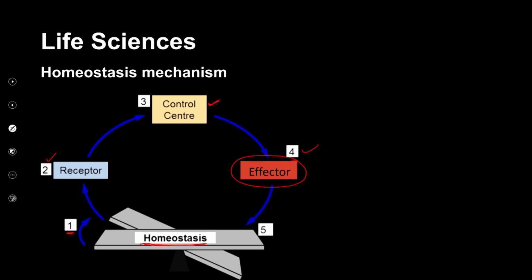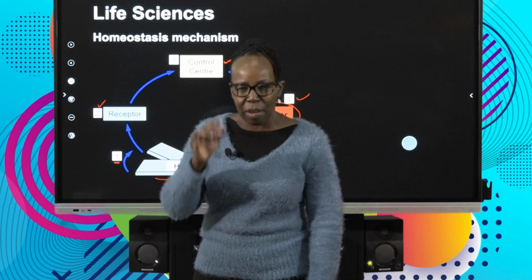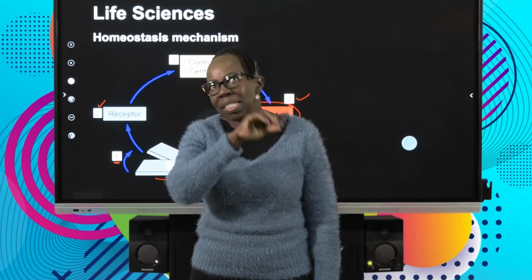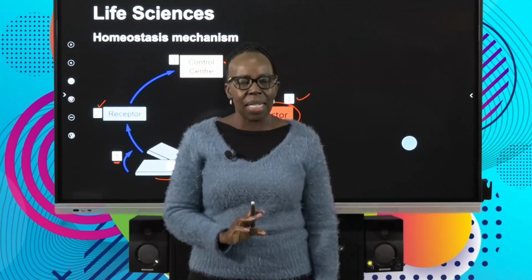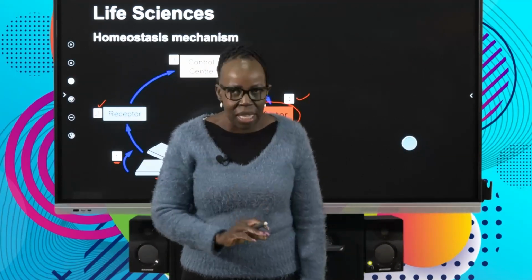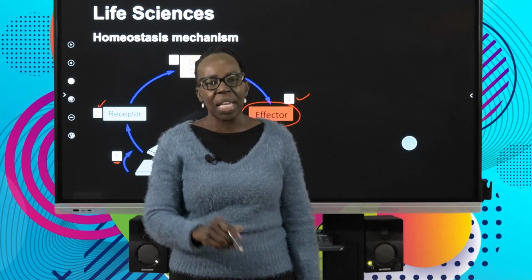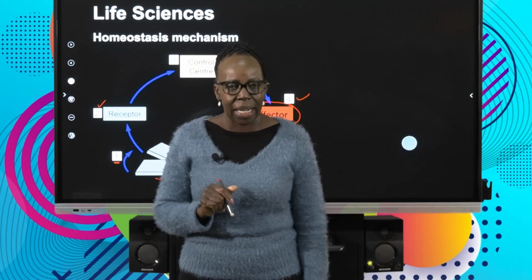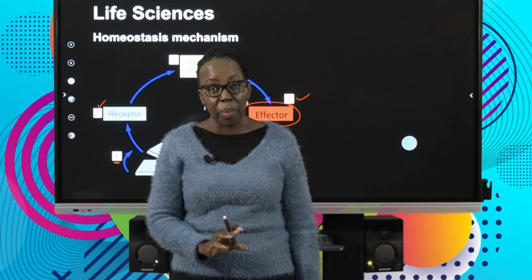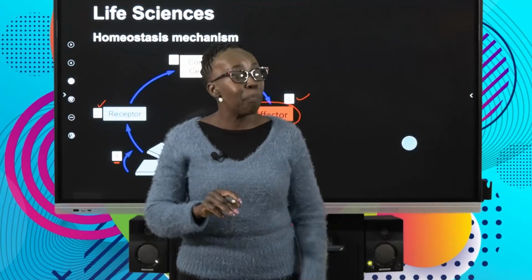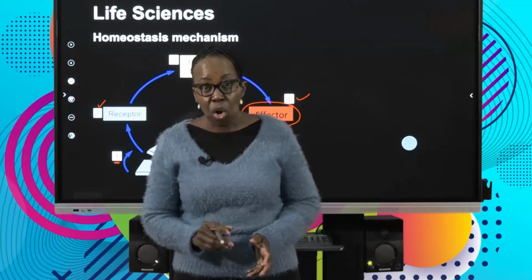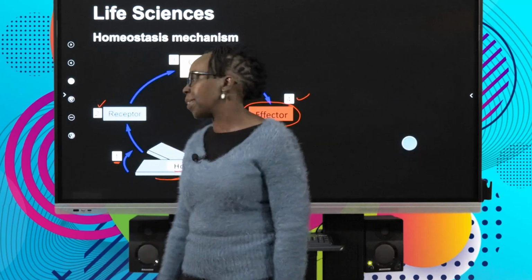That is number 4. And what is going to happen? The effector will reverse the imbalance, and then the balance will be restored. That is a simple sketch, just a circle, that will make it easier to understand homeostasis, with the steps that we dealt with and this diagram that will help you remember and have a better understanding of how homeostasis takes place.